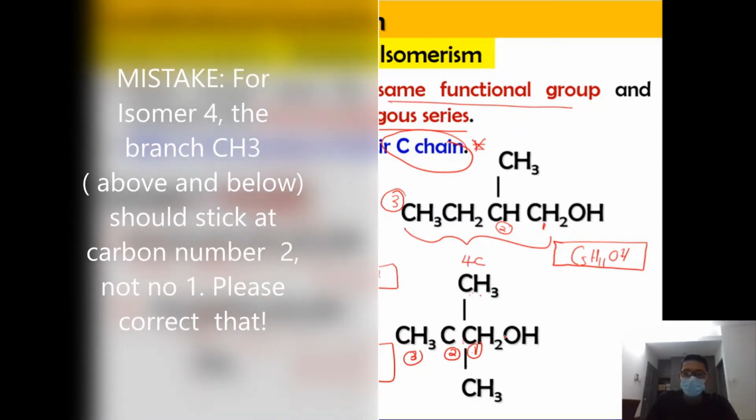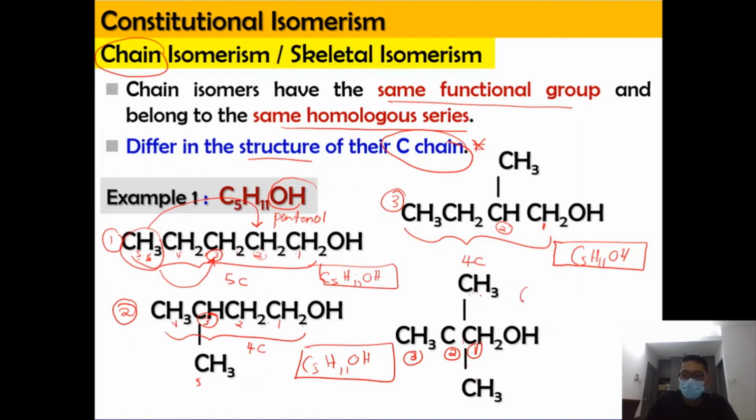The molecular formula is still the same, which is C5H11OH. 1, 2, 3, 4, 5. Hydrogen: 3 plus 2 plus 3 is 8, plus 3 is 11, OH. So it is still maintained, and this has a 3-length carbon chain.